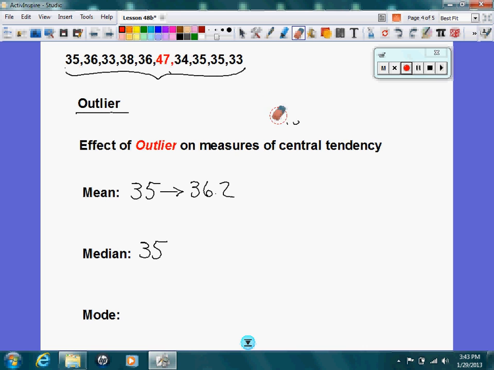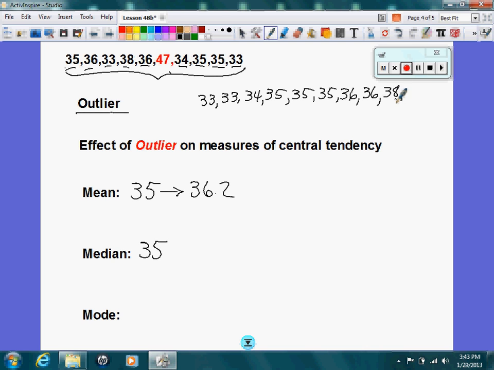So we've got 33, another 33, 34, 35, another 35, there's another 35, 36, another 36, 38, and 47.